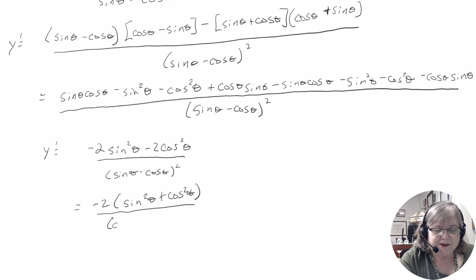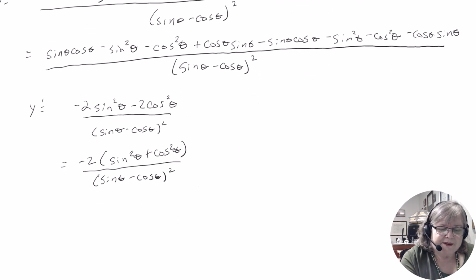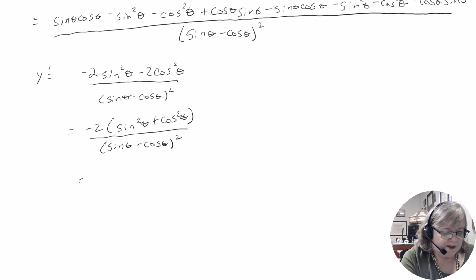I've always liked it. My students like it. I don't know if you like it. And sine squared theta plus cosine squared theta is equal to 1. And 1 times negative 2 is negative 2. And this is sine theta minus cosine theta squared.